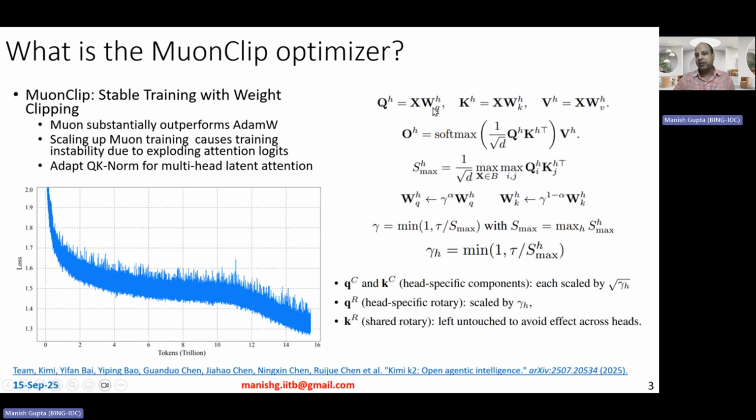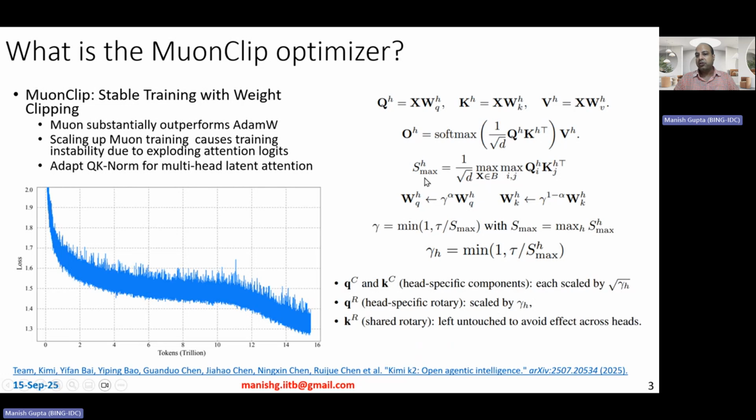How is it normalized? Well, the way it is normalized is as follows. You take the WQ matrix for every head. So every head is normalized. Even if that particular head does not really lead to exploding attention logits, it's still normalized in the standard QK norm. You take the attention weight matrix for the queries and for the keys, and you multiply them by gamma raised to alpha.